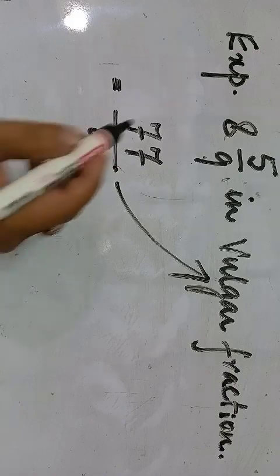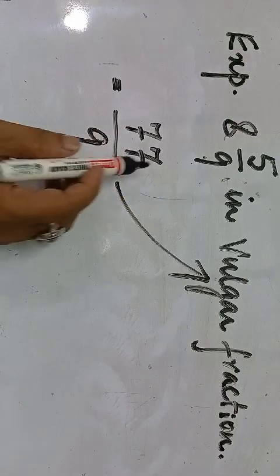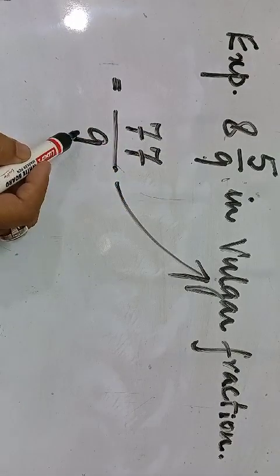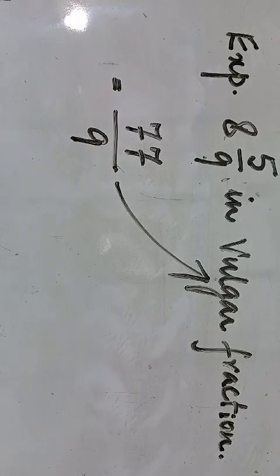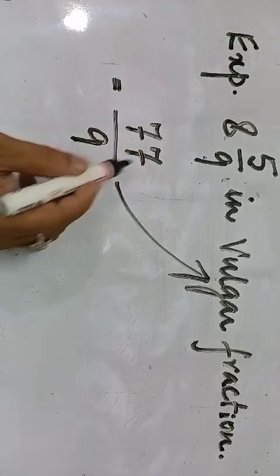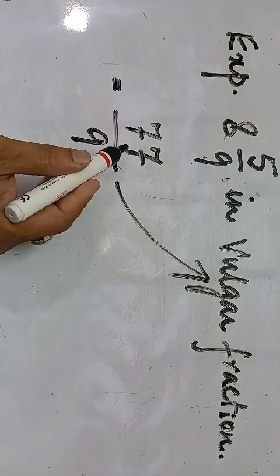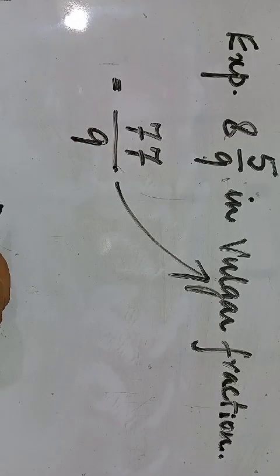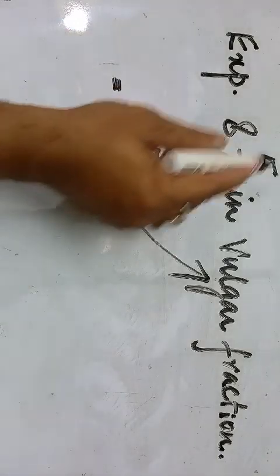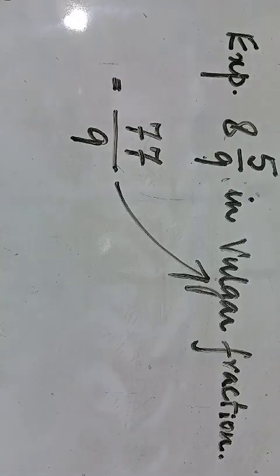Okay, so 77 by 9, although you can see that the numerator is greater than the denominator, it is still a vulgar fraction. If you want to give it a more particular name, you will say that it is an improper fraction. But since the question was to express this in vulgar fraction, this is how the vulgar fraction comes. Now let's take up another question.